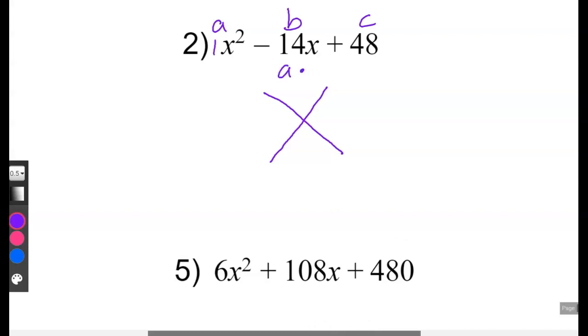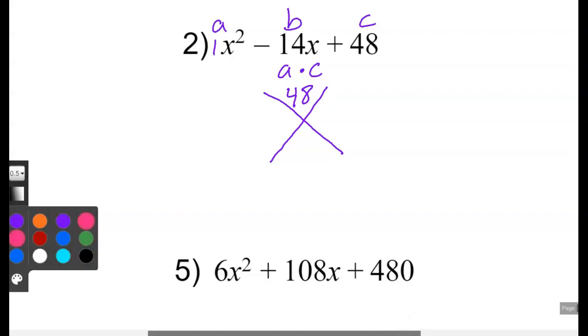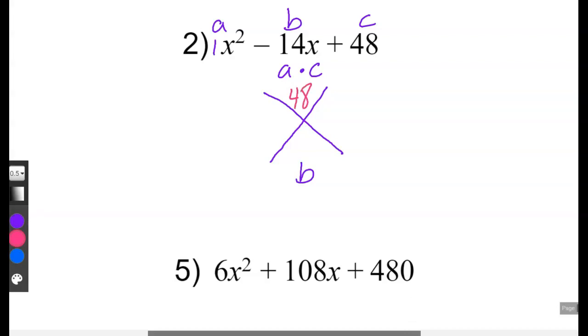Our c value is 48. So 1 times 48, I should put a 48 up top. What goes in the bottom? Yeah, our b value, which is negative 14. So I have 48 up top, negative 14 in the bottom.